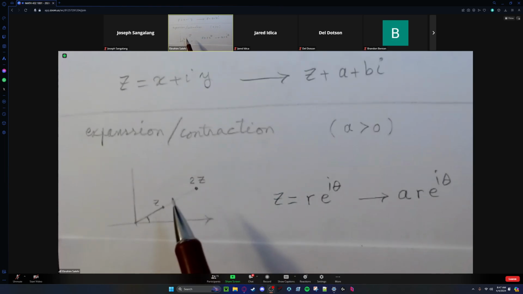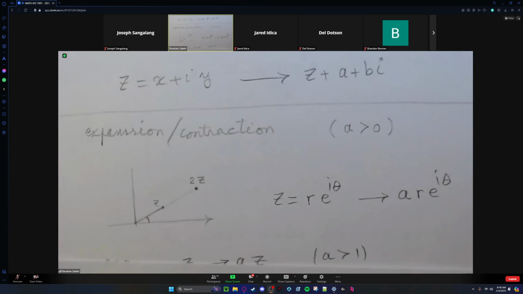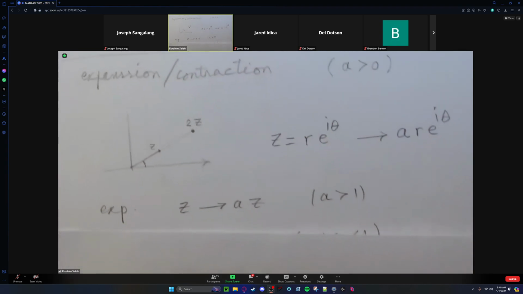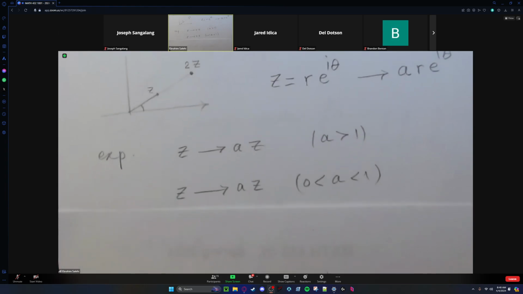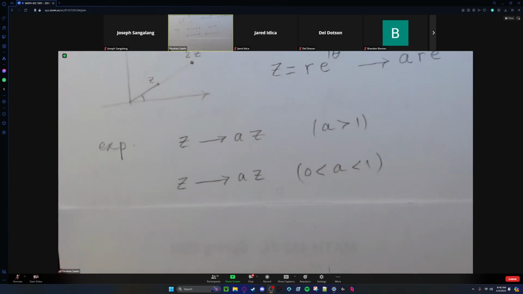All right. So 3 motions: rotation, translation, this expansion or contraction. Putting this 3 together, here is when A is bigger than 1, it is expansion. When it is less than 1, it is contraction.